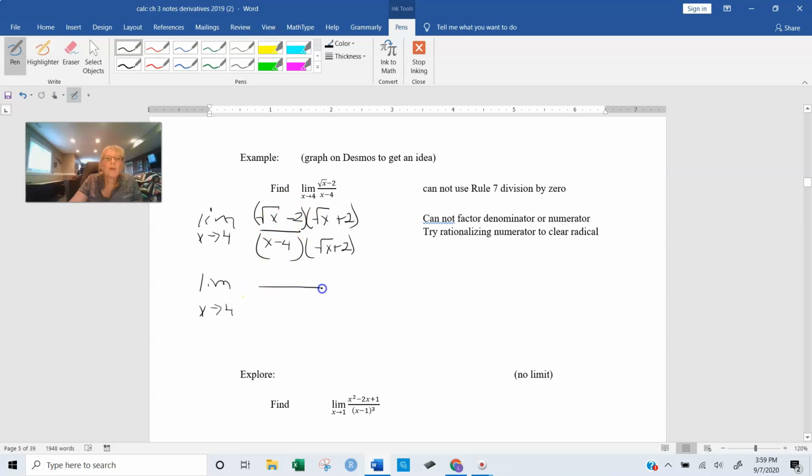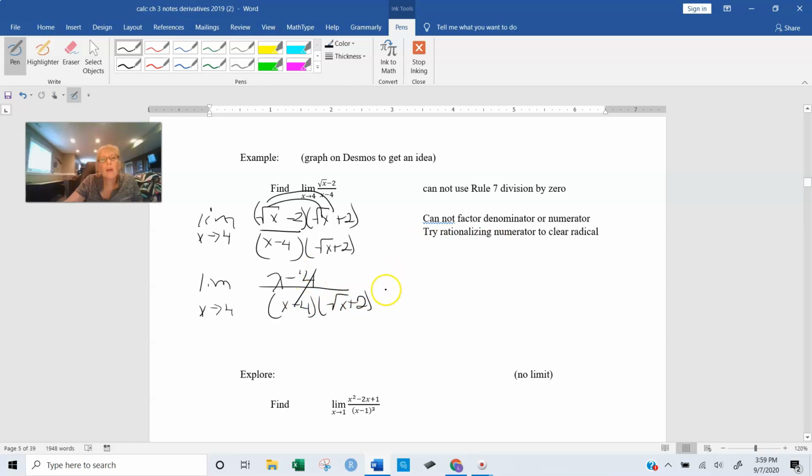On the top, I'm going to have x minus 4. Whoops. I'm getting ahead of myself here. So this becomes x minus 4, right? Square to square, x minus 4 all over. I'm not going to multiply this out because I see that it's going to cancel.